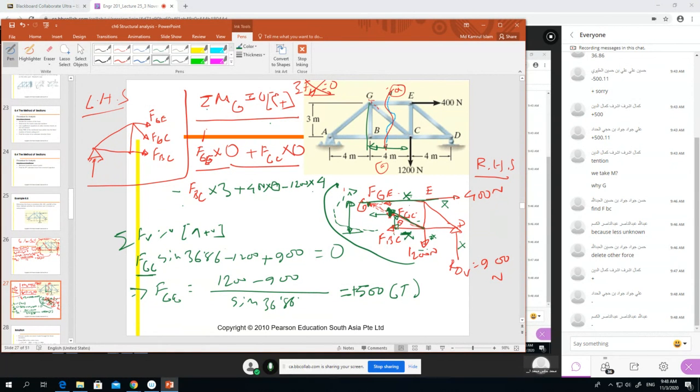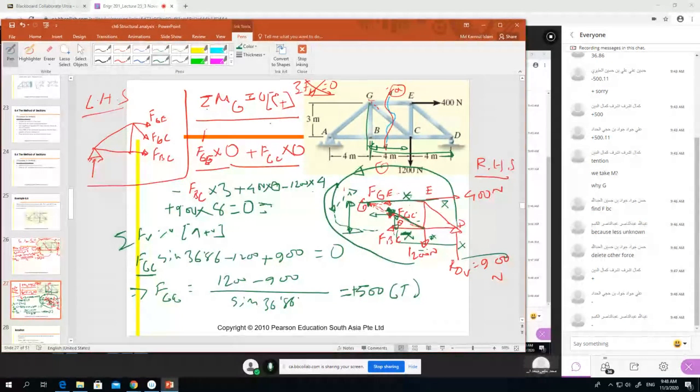Then what else do we have? We have the 900 force, which with respect to G is rotating anti-clockwise. So plus 900, and from G the distance is 8. There is no other force, so we can write 0.